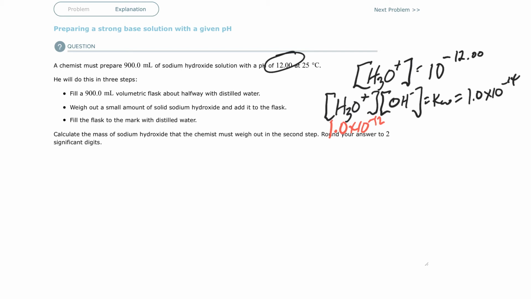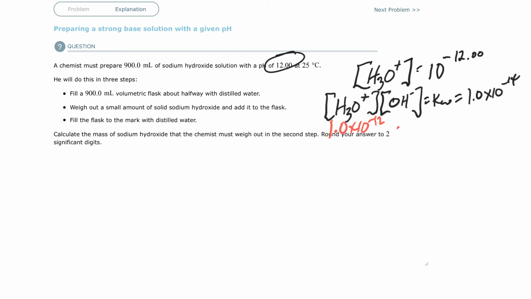Well, if 1.0 times 10 to the negative 12 times something equals 1 times 10 to the negative 14, then you're simply going to divide it. So 1.0 times 10 to the negative 14 divided by 1.0 times 10 to the negative 12 is going to give you 0.01 molar.